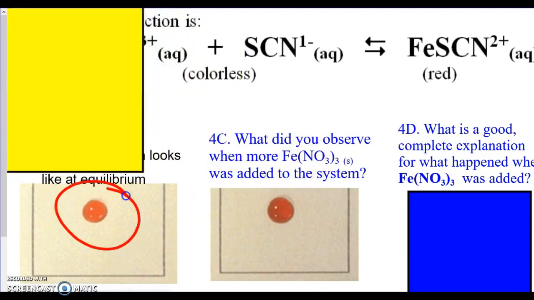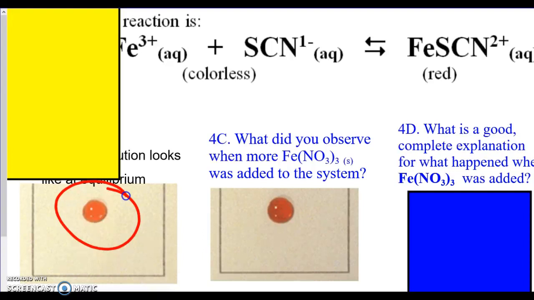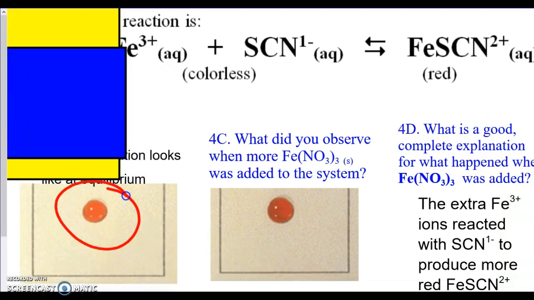And it would become a darker red. What is a good, complete explanation for what happened? The extra iron 3 ions reacted with the thiocyanate ions to produce more red iron 3 thiocyanate. Again, pause the video so you can take your notes.